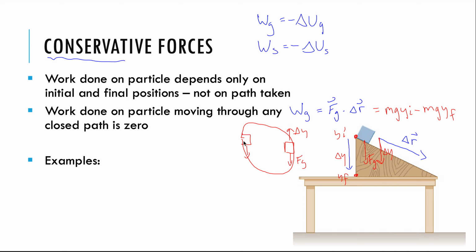So gravity does positive work as it goes down, but gravity does negative work as it goes up, and they end up all canceling out, and the net work is going to be zero. So for conservative forces, the most common examples are gravity and the spring. These are really cool forces because they act to reduce the potential energy of the system.